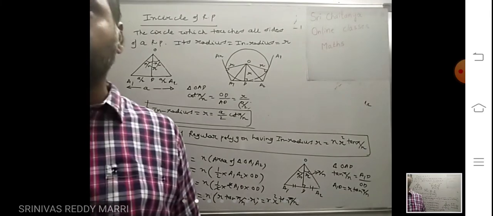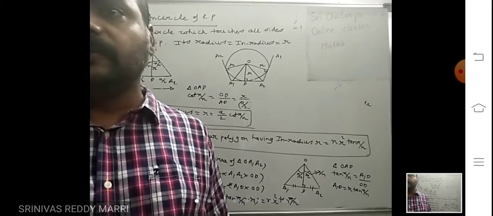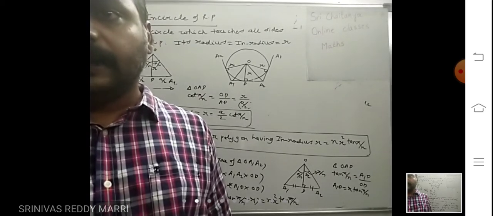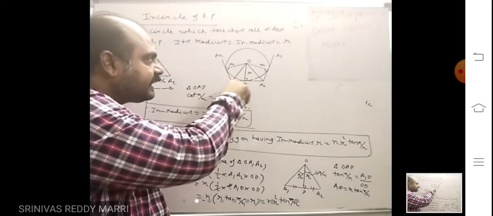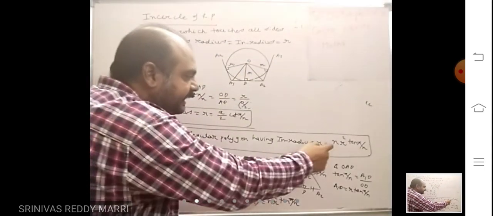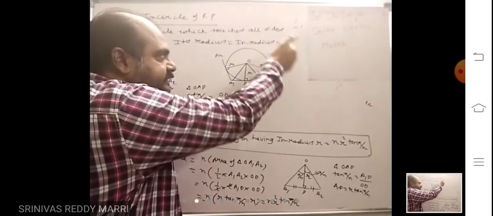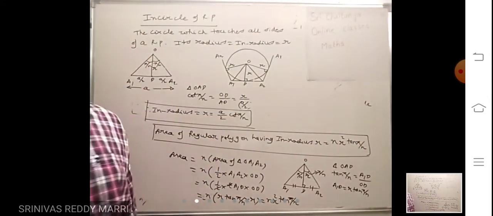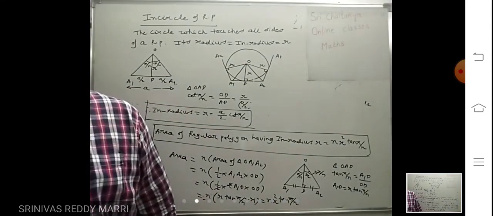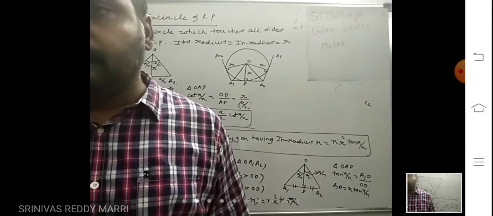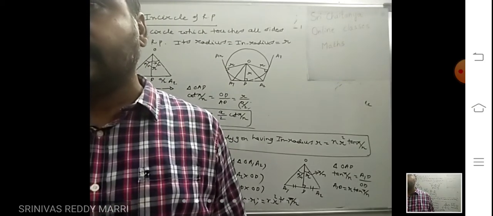Yesterday I told one formula. There is no circle there; only the polygon side is known. If you know the circle radius, then you can calculate the area. Two formulas are there: if you know the circumradius, you can calculate, and if you know the inradius, you can calculate.